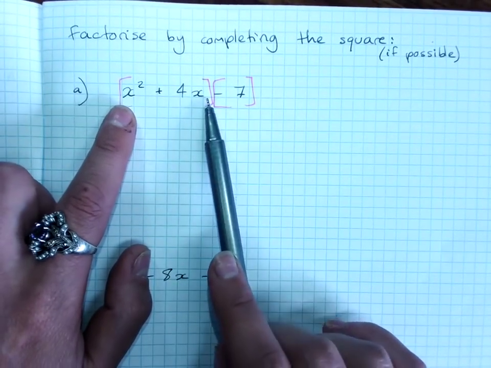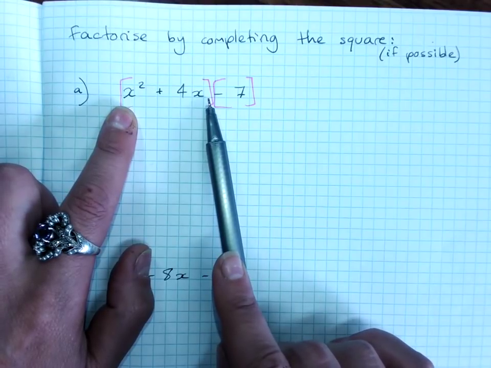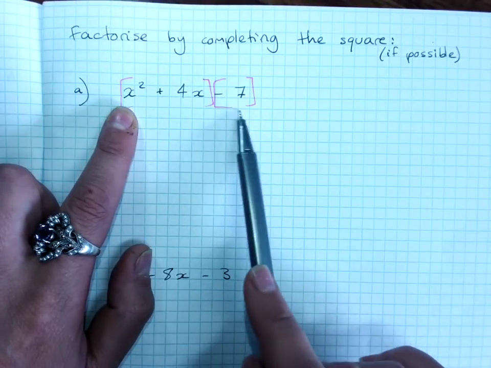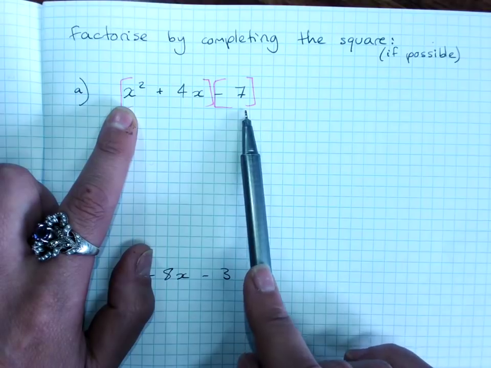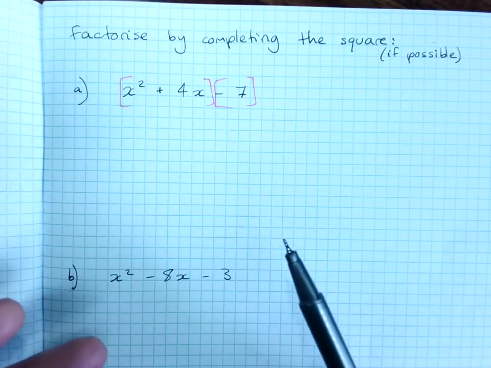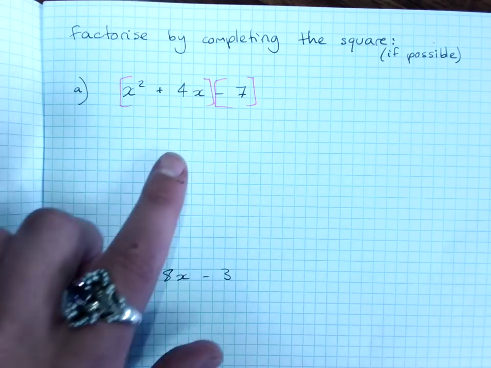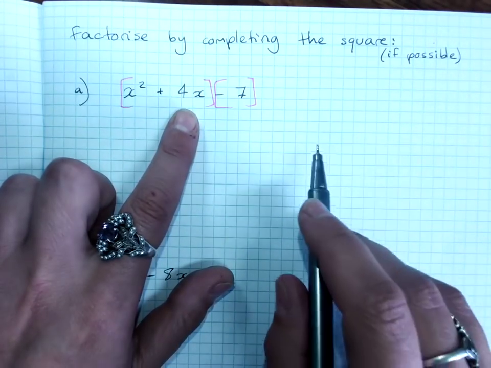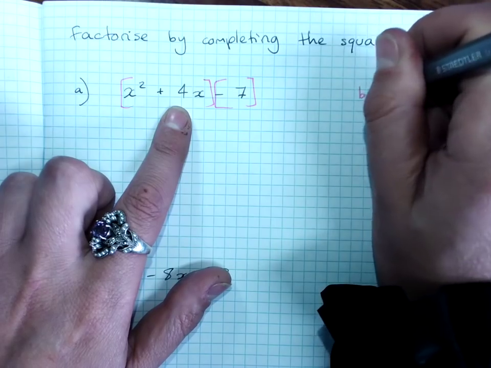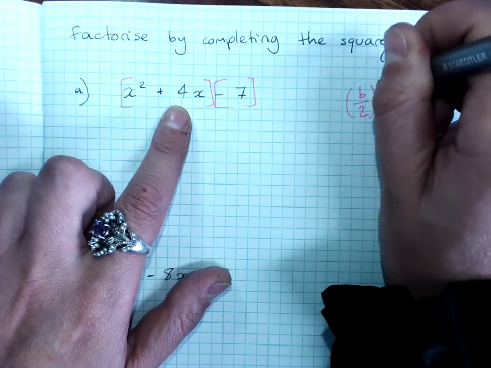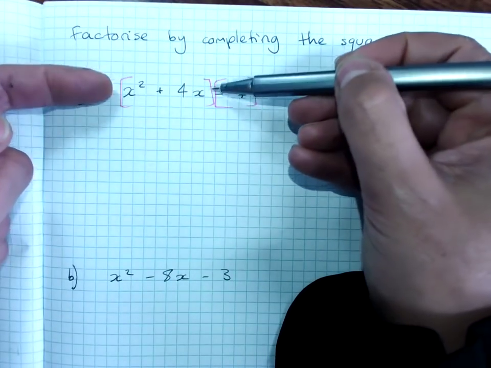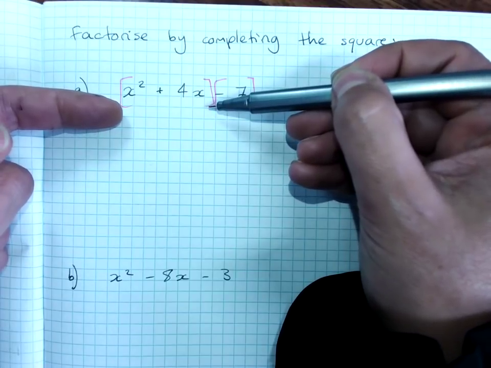I'm going to complete this square and then have this tacked on the end. But obviously I can't just go changing stuff because I'll change the value of my expression. So let's just have a look at what I'd get if I did b over 2 squared for just this part here and completed the square.